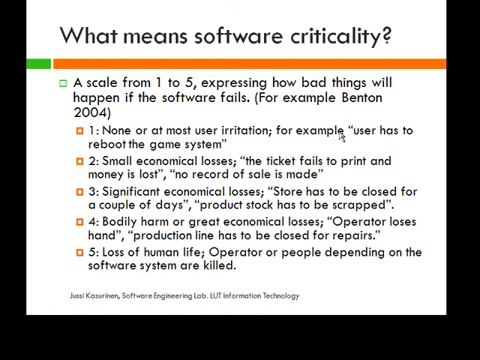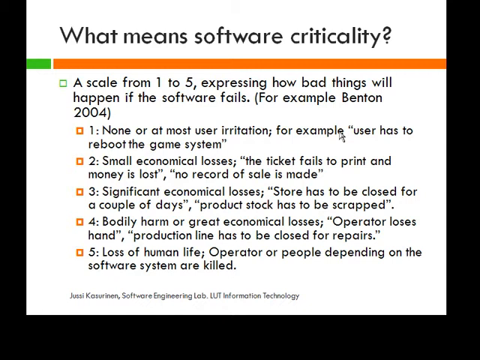Level 2 is small economical losses. The ticket fails to print. You have to pay for your bus ticket twice. No record of sale is made. You get a broken memory stick, and you have to go back to the store, and they say that this wasn't bought from them, that type of thing.